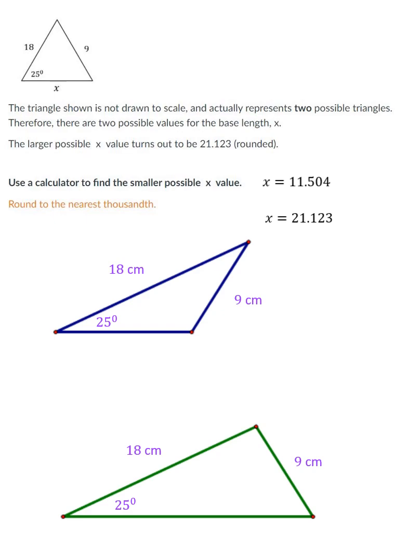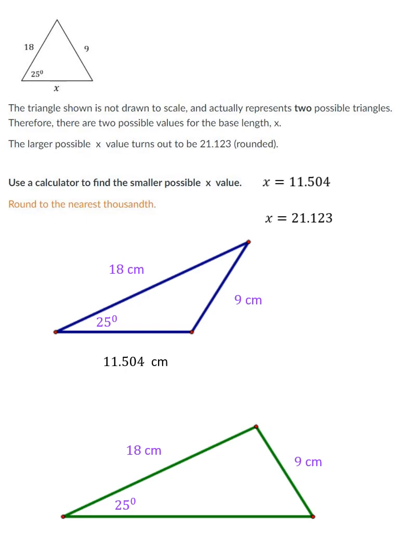And you can see that there are two physical ways to build this triangle based on the specifications in the original problem. And it's not surprising that when we solved using the quadratic formula and got two answers, that those two answers represent the two possible bases of this triangle.